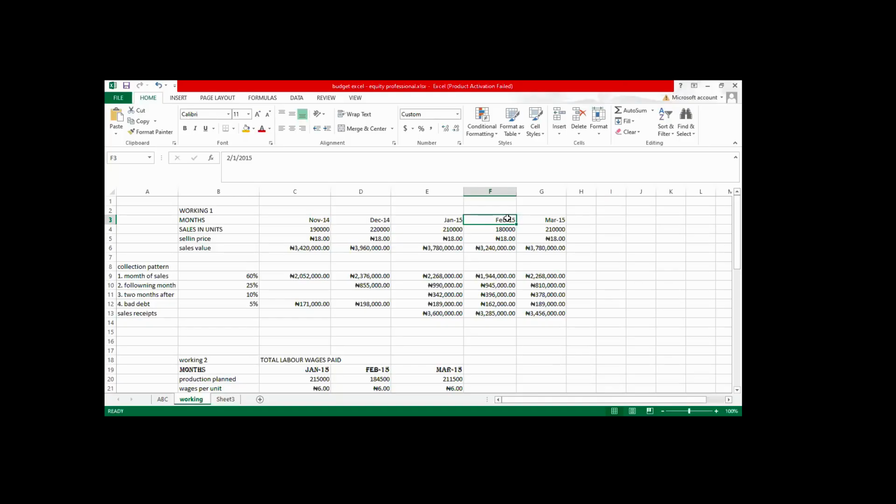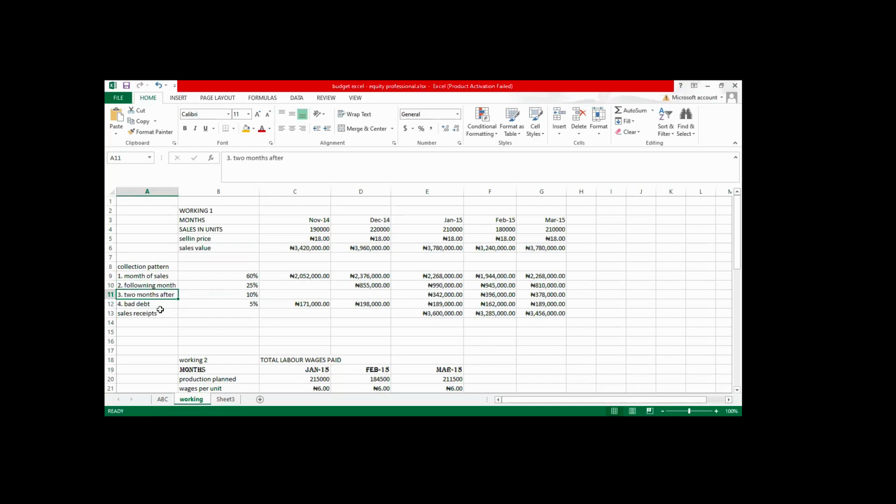Now, what is the collection pattern? Are you going to collect your money? Please look at the collection pattern. In the month of sales, you are going to collect 60%. The month following, you are going to collect 25%. 2 months after sales, you are going to collect 10%.